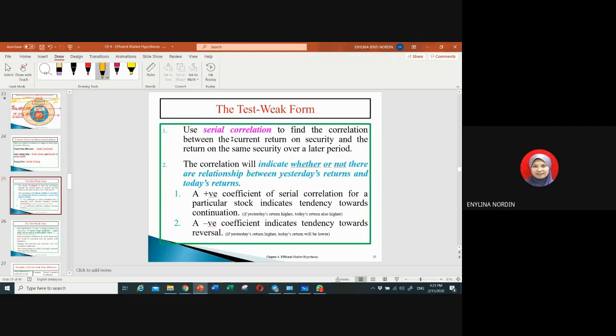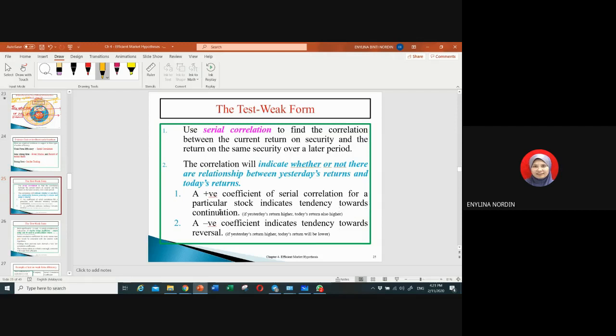Serial correlation can be positive, negative, or zero. So what is the meaning of positive serial correlation? The positive serial correlation shows that for a particular stock, there is a tendency towards continuation.